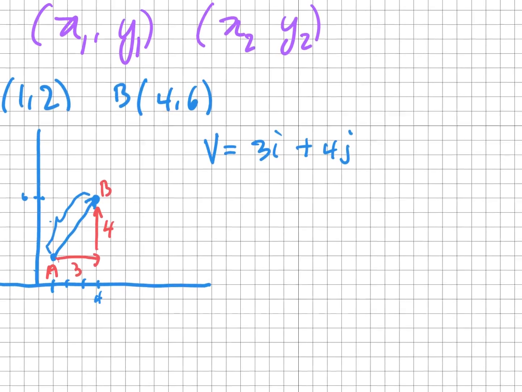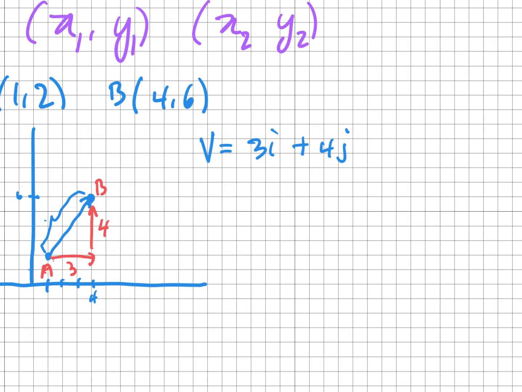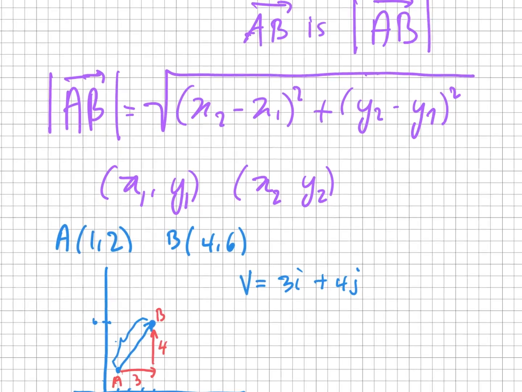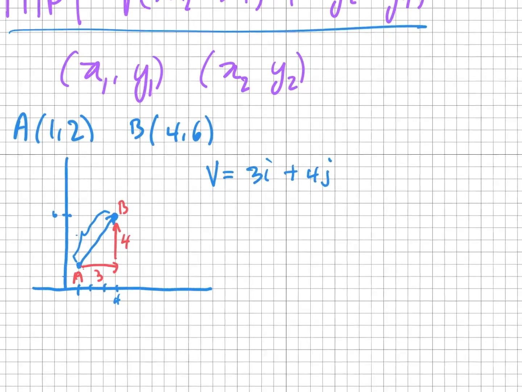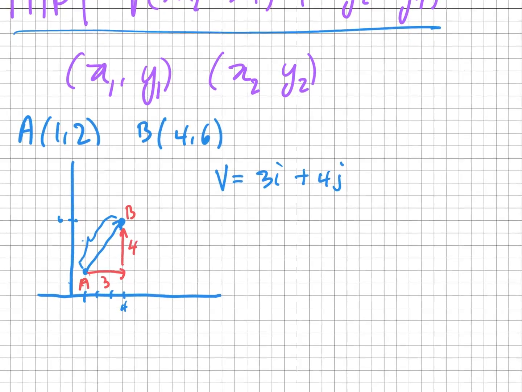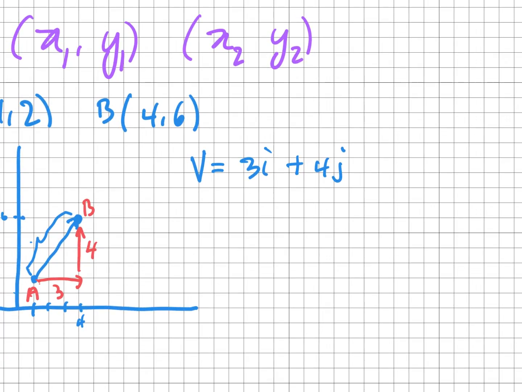So let's see. Magnitude is, as I said earlier, we're going to be using this one. Once you have these vectors in their proper components, i plus j, then it's going to be very easy now.